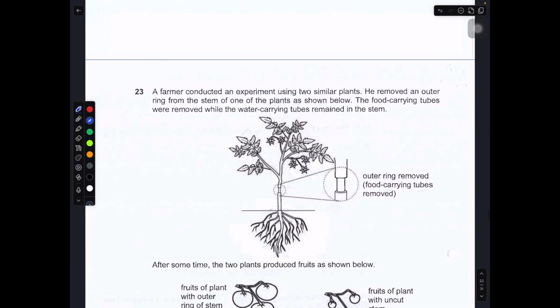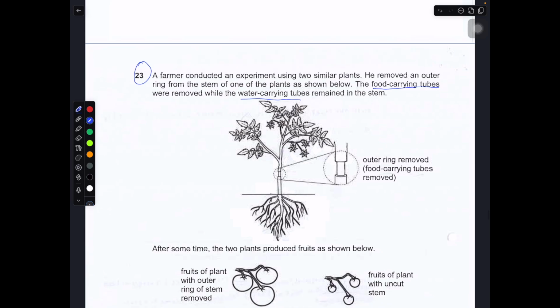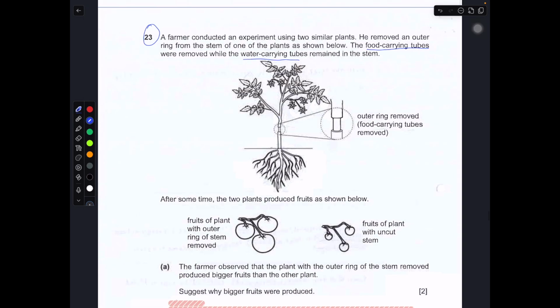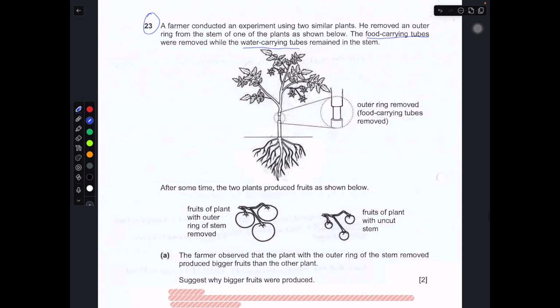Question number 23. A farmer conducted an experiment using two similar plants. He removed an outer ring from the stem of one of the plants. They even tell you that the outer ring is the food carrying tube. The water carrying tube remains intact in the stem. This is how it looks. After some time, the two plants produce fruit as shown: the one that is removed and the one that is uncut.